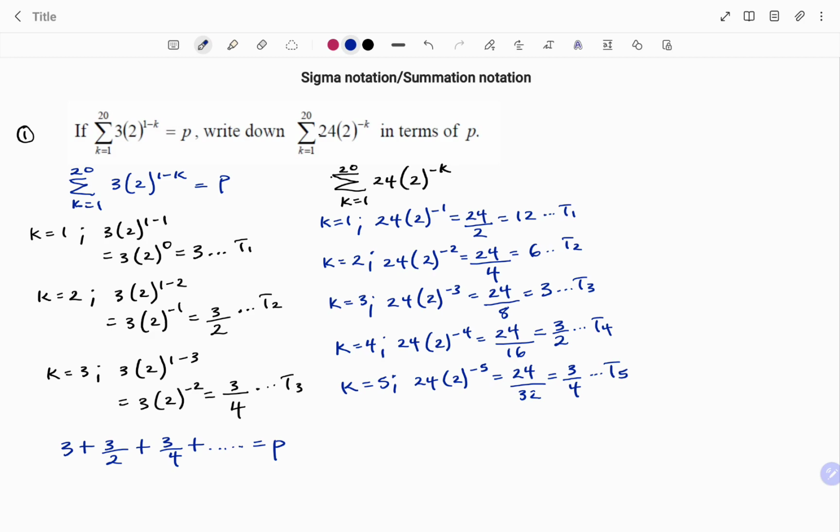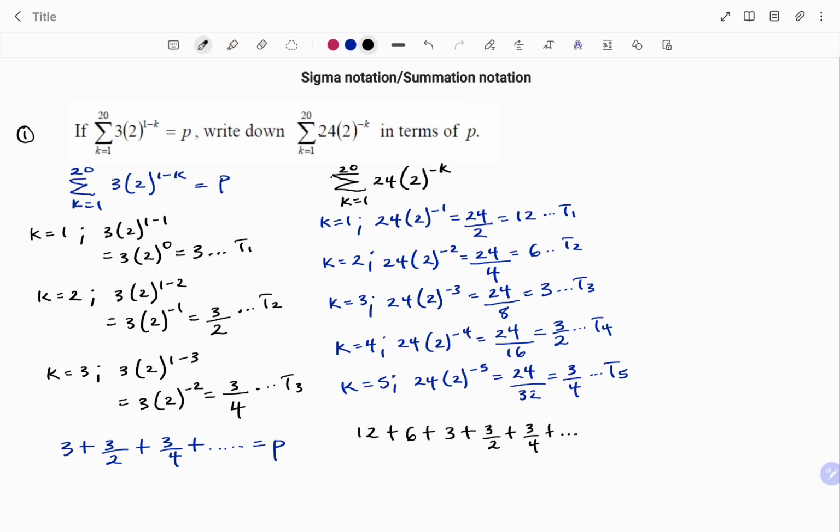Note that if we write down the expansion of our terms, we have T1, that's 12, plus T2, 6, plus T3, that's 3, the fourth term, 3 over 2, the fifth term, 3 over 4, and it goes on.